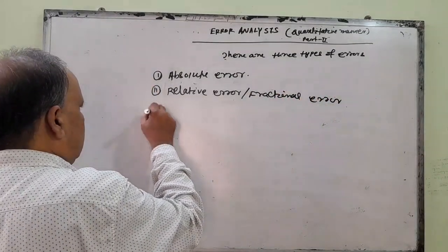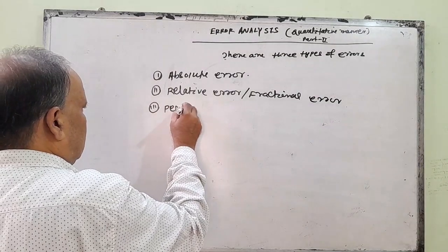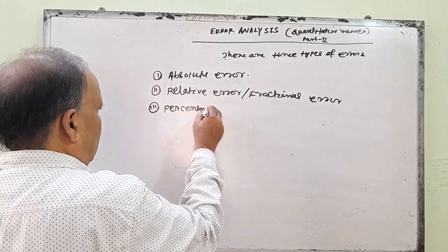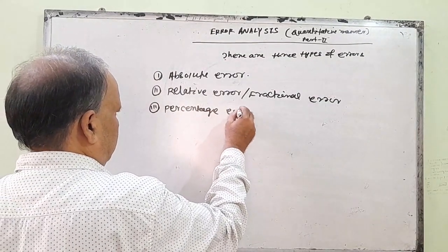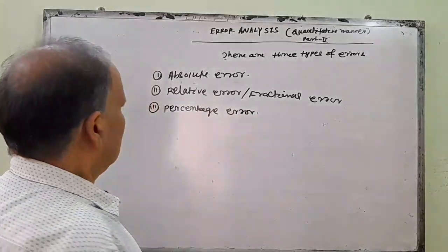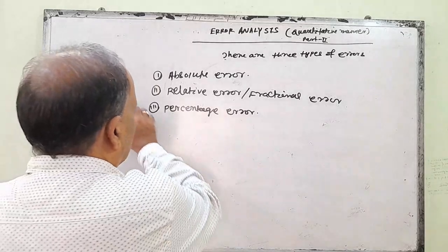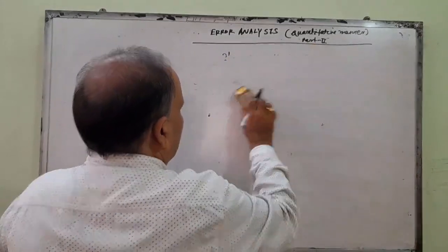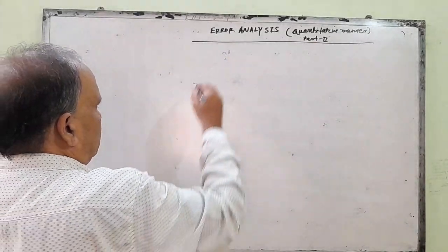And third one is percentage error. These are the three types of error. We read one by one. First you see absolute error.